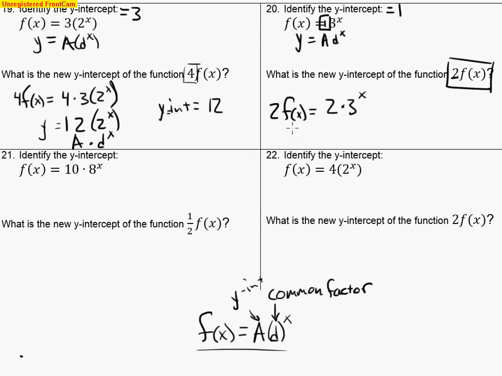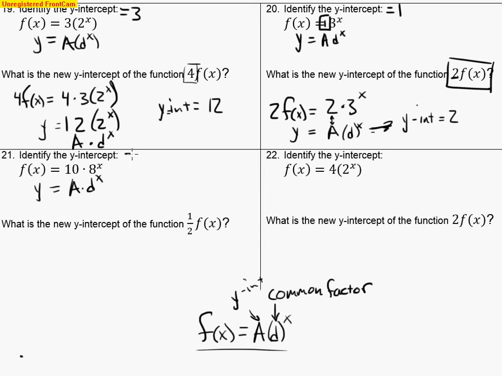Well, clearly, now I have a new a. And that a is going to be this number right there. So go ahead and say my y-intercept equals 2.